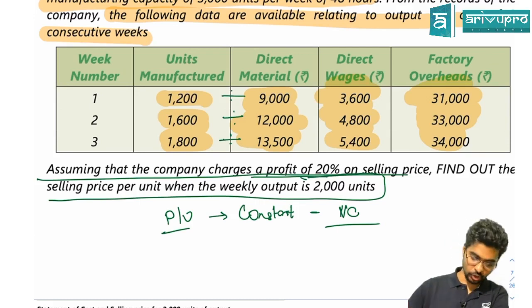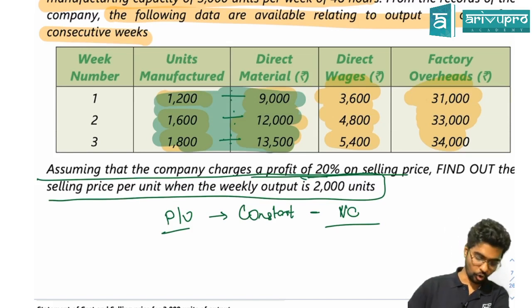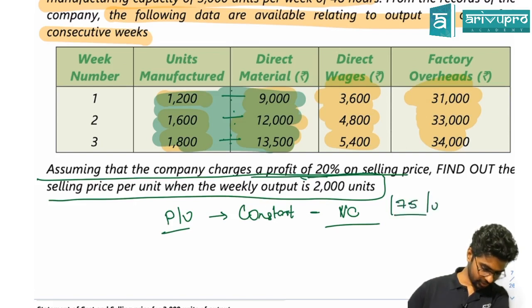Constant. When you do this, what do you get? What do you get per unit cost in all the 3 cases? Shreyas, thank you. All the 3 cases it is 7.5 per unit.